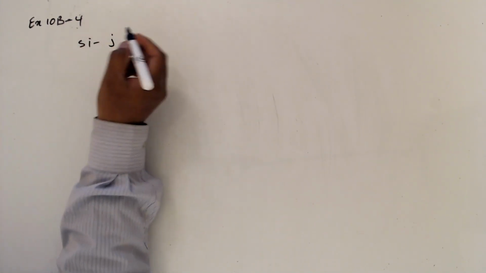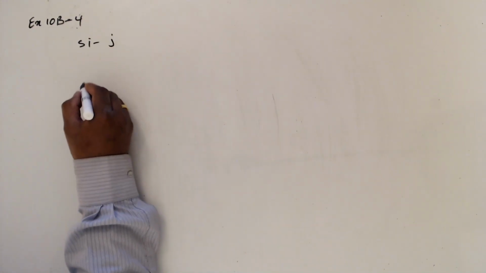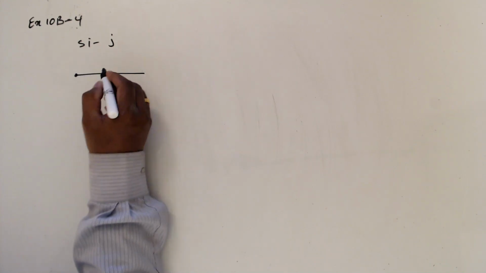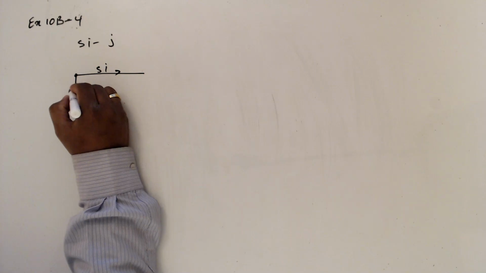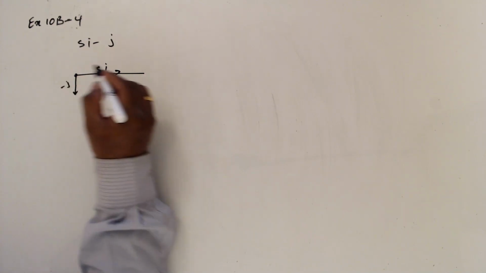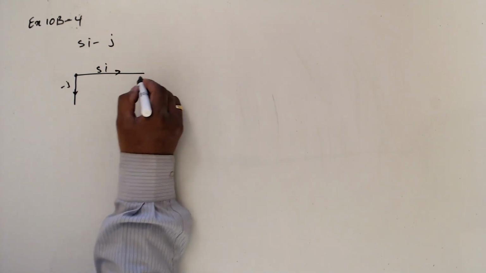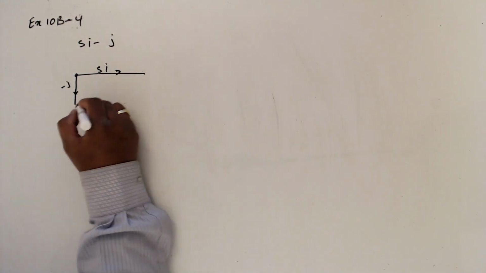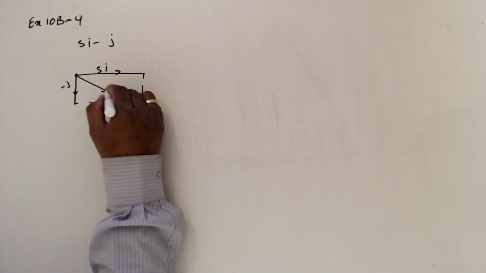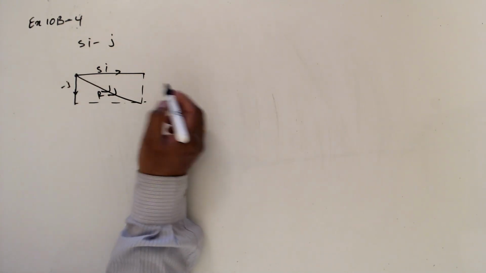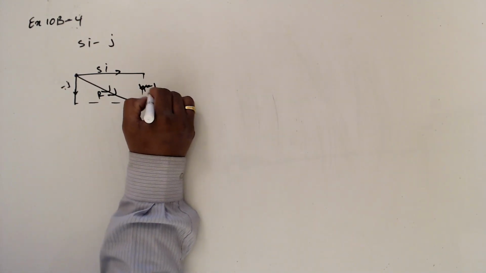Part b, 5i minus j. So this is 5i, and this is minus j. This is the resultant force R. This is rectangular, so this is also minus j.